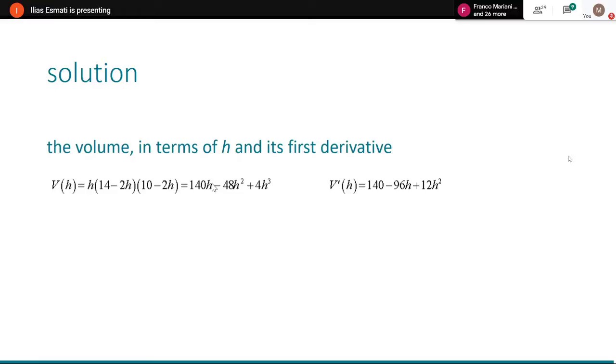The power, when I say power in math, means a completely different thing from power in electronics. Power in math means, for example, this 2, h to the power of 2, h to the power of 3. So the power goes down, which means that you subtract 1 from it. So the only thing I have is 140. So 2 minus 1 will be 1, h to the power of 1, plus 12h squared. So, sorry.